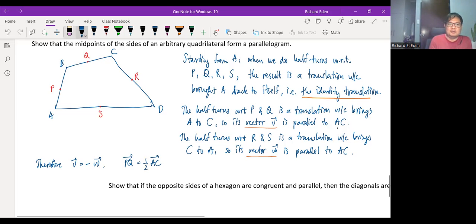I'm trying to avoid nung typical geometry argument kasi dito. Is that na po the geometer devil getting inside your head po? Oo nga eh. So, kasi parang I want to make this an illustration on an argument using just transformations.